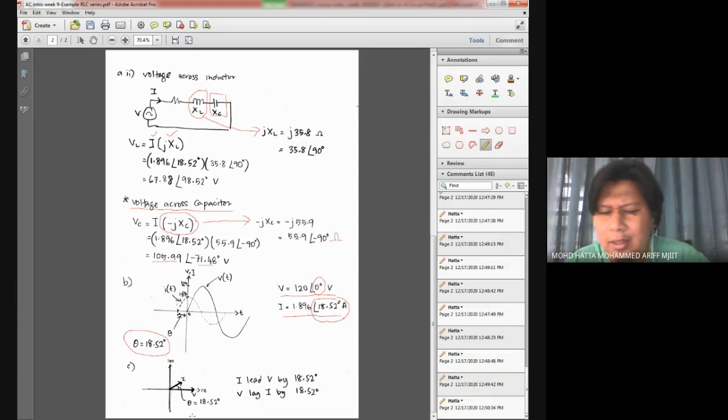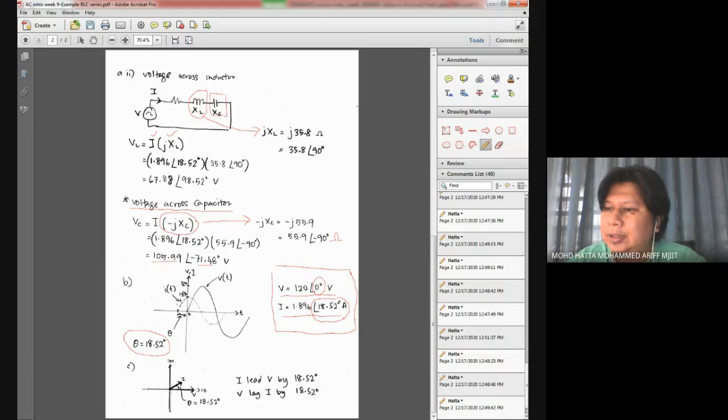The thing explained in the textbook is also true, but the one here is more direct and also easy to understand. Okay, to draw the phasor diagram, you also need to consider these two equations, voltage and also current in their vector form or phasor form.